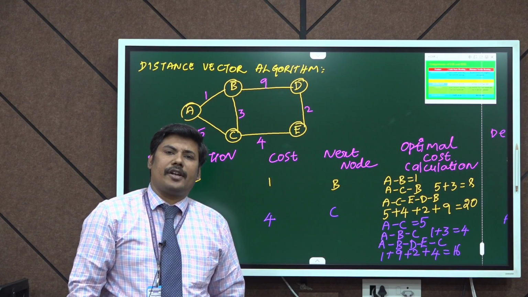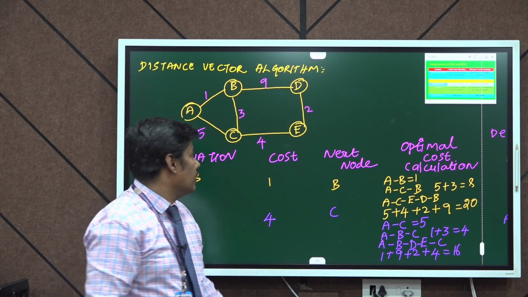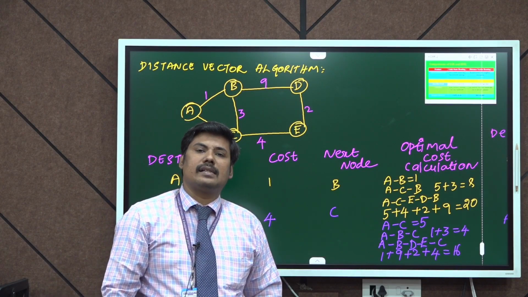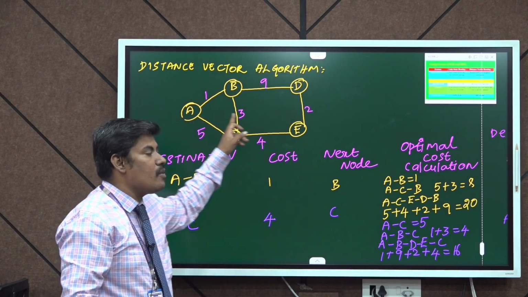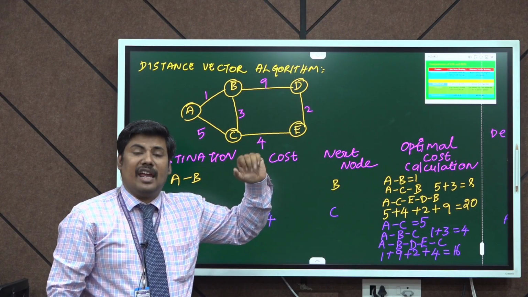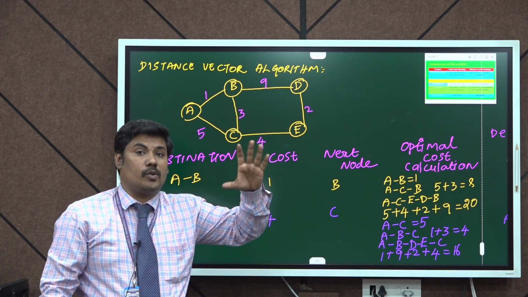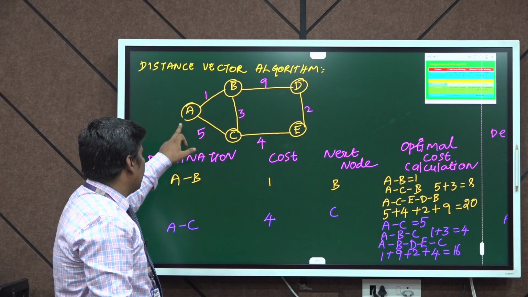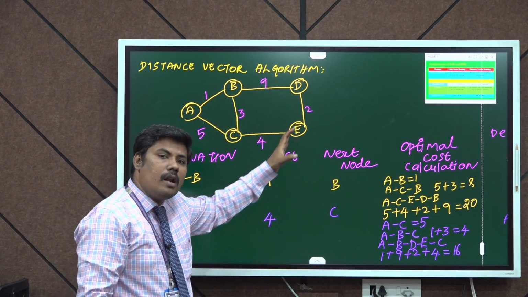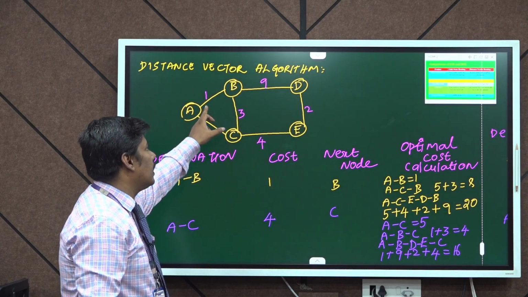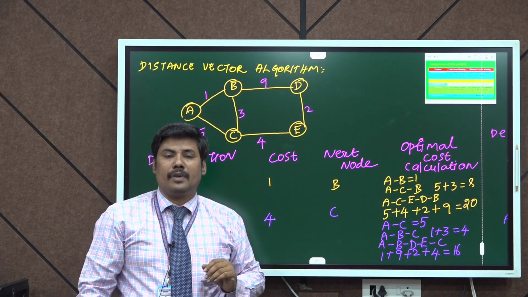From an examination point of view, they can ask this kind of questions to solve a distance vector routing algorithm. Here we are having 5 nodes. Every node is called a router. Here A, B, C, D, E are all nodes interconnected in an undirected graph.